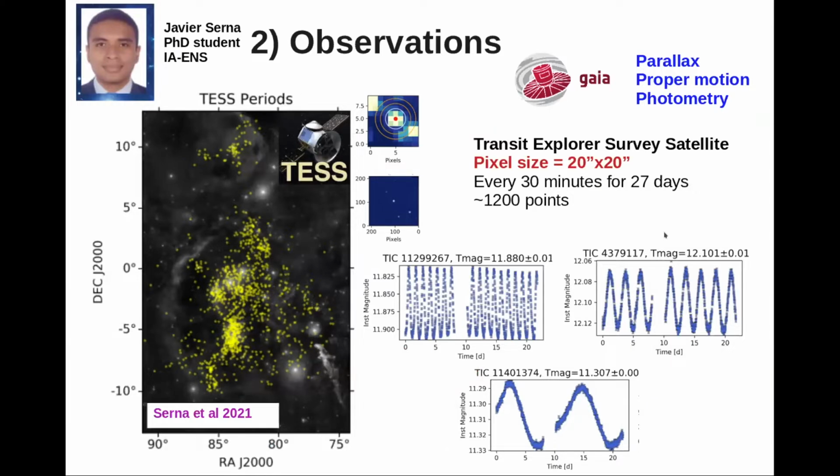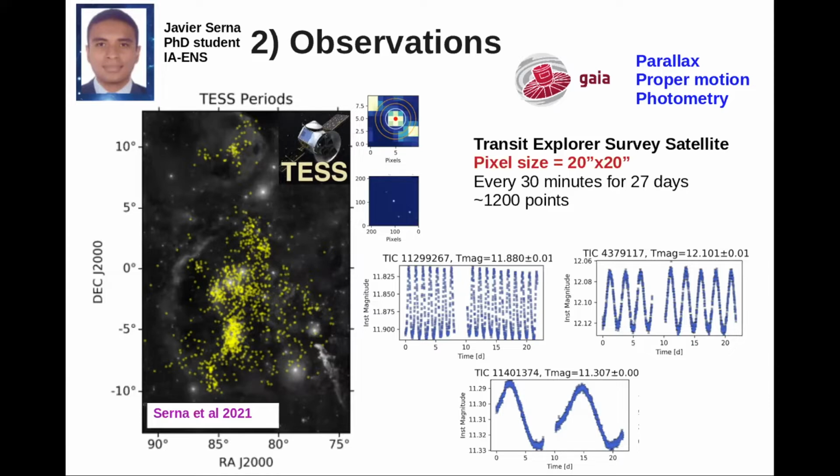We also have light curves in this region. We extracted and analyzed TESS light curves for stars, looking mainly for periodic stars. In the standard configuration, TESS provides photometry every 30 minutes for about 27 days.